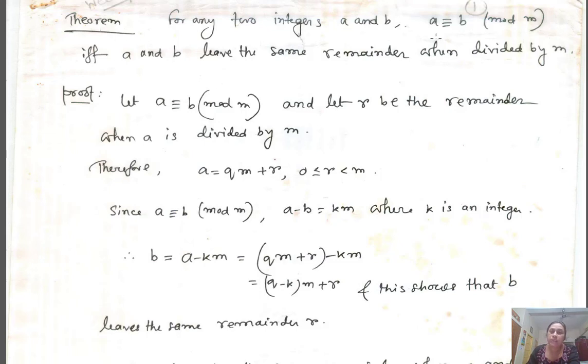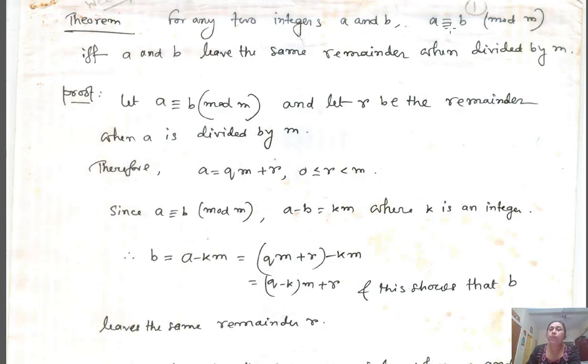This first result was asked as an exercise. Anyway, let me go through this. Given two integers a and b, a is congruent to b modulo m if and only if a and b leave the same remainder when divided by m.